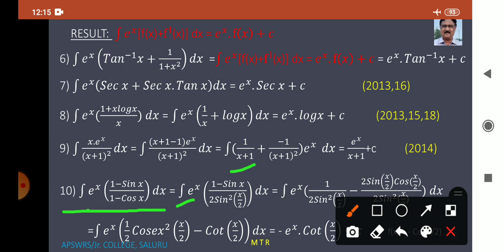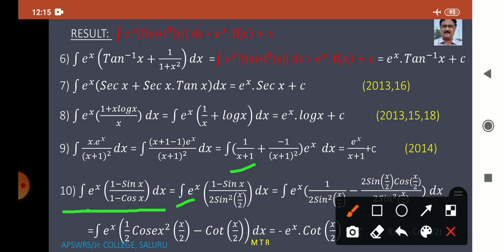From the multiple and submultiple angles chapter of trigonometry from first year, you know 1 minus cos a is equal to 2 cos square a by 2. Sorry, 1 minus cos a is equal to 2 sin square a by 2. 1 plus cos a is equal to 2 cos square a by 2.